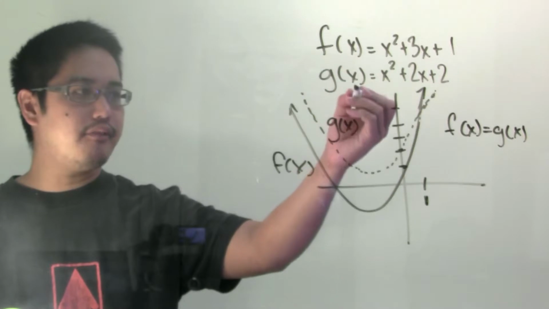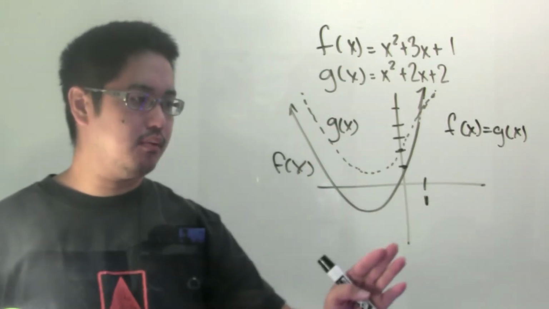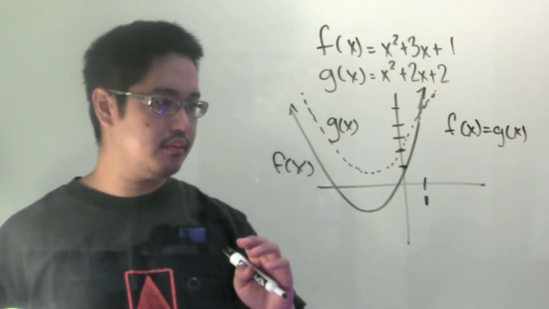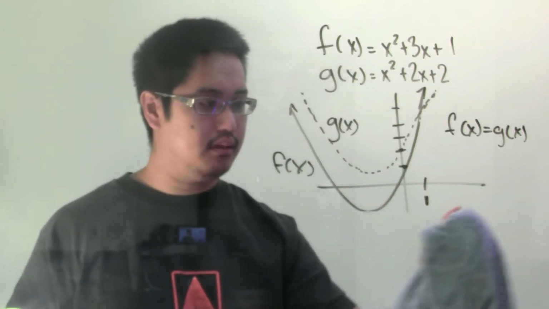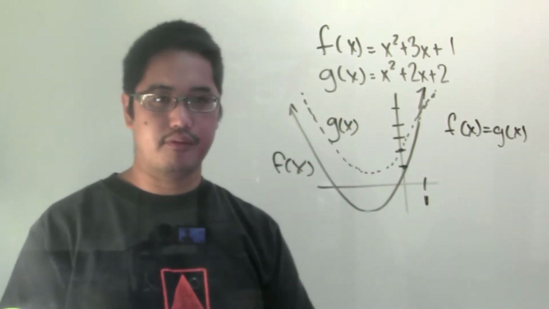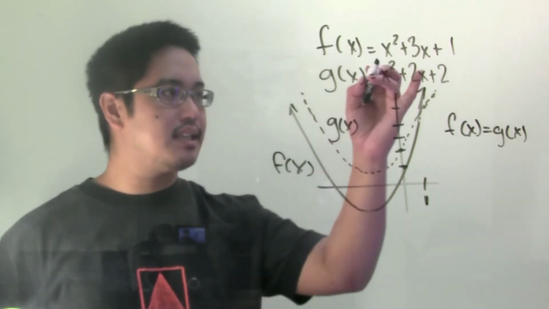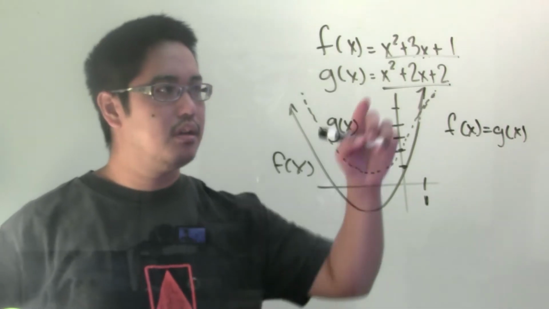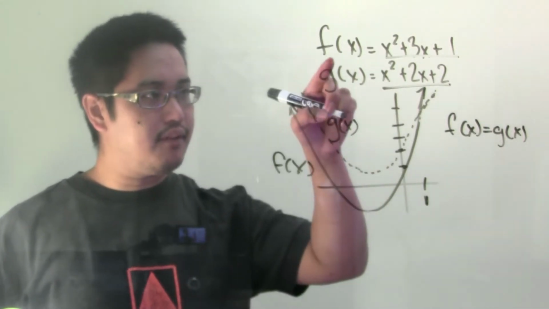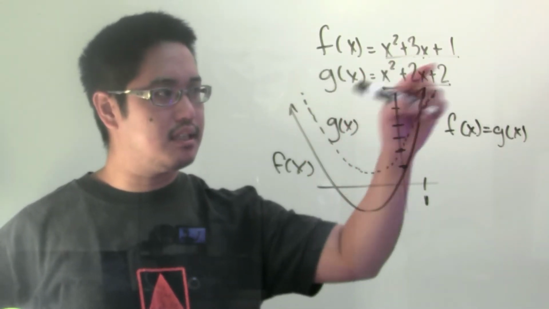If I want to know when f of x equals g of x, what I would probably want to do, I'll erase some of this right here. Maybe I have enough room. Hopefully I do. Let's set this thing equal to this thing over here. Because f of x equal to g of x is really saying this thing is equal to that thing.